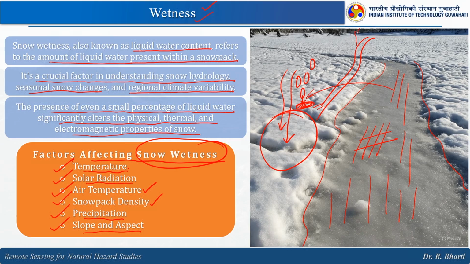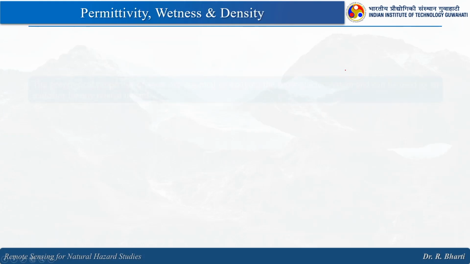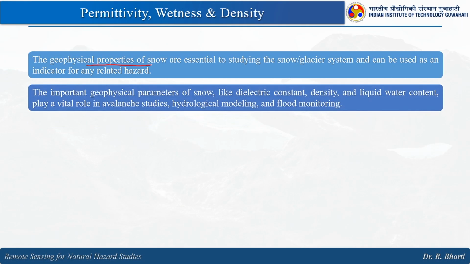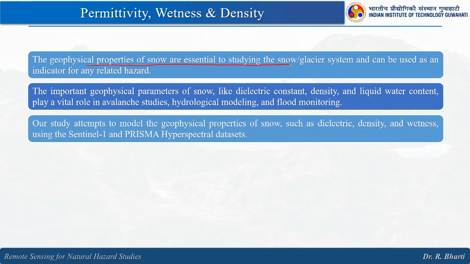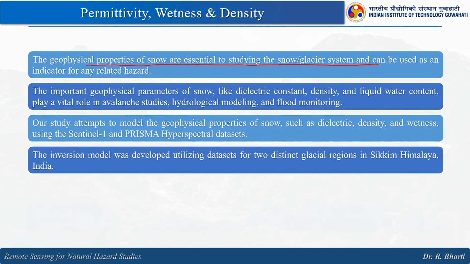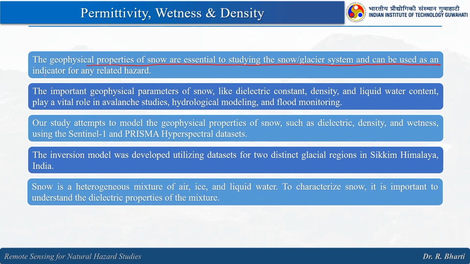If there is precipitation, whether it ends up here or here will be defined by the slope or gradient. The geophysical properties of snow are essential to study the snow or glacier system and can be used as an indicator for any related hazard, because the stability and status of that glacier is defined by these geophysical properties.